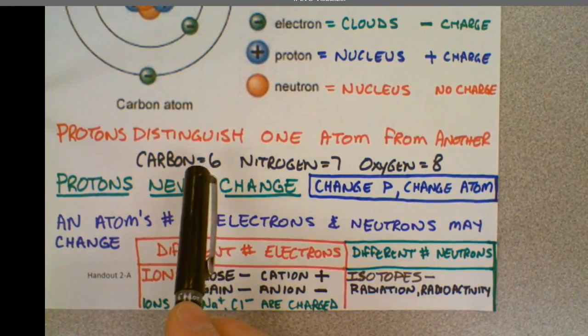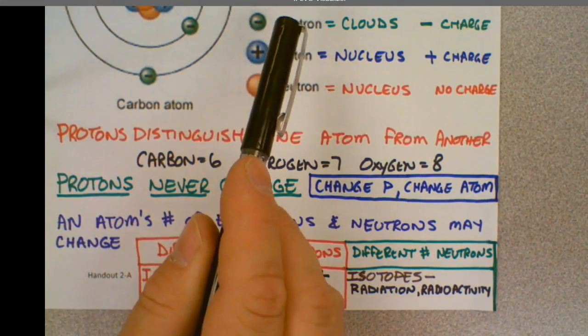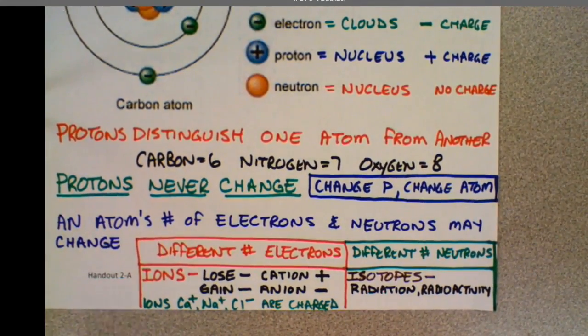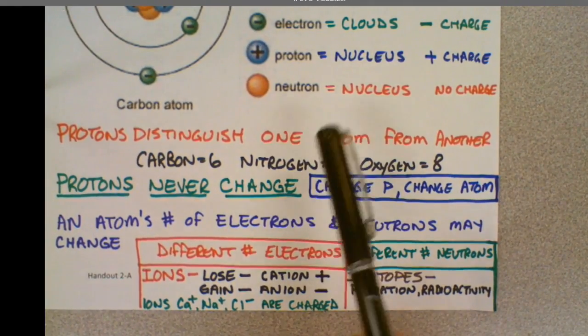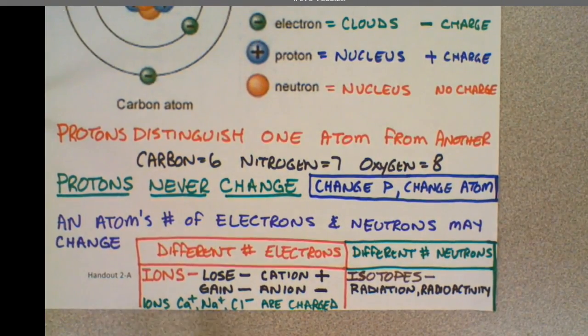So if we're positive, it's not that we gained or lost a proton, it's that we gained or lost an electron. In the case of being positive, we're going to lose an electron. When we lose an electron, we become a positive ion. Positive ions are represented by a plus sign. So this calcium and this sodium are positive ions.